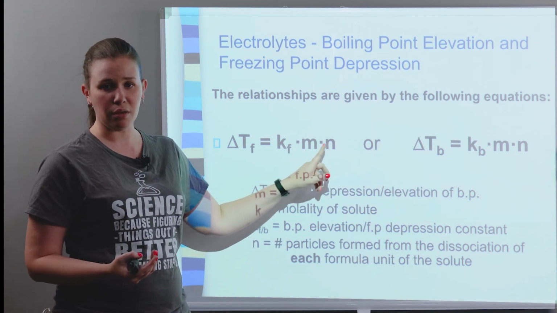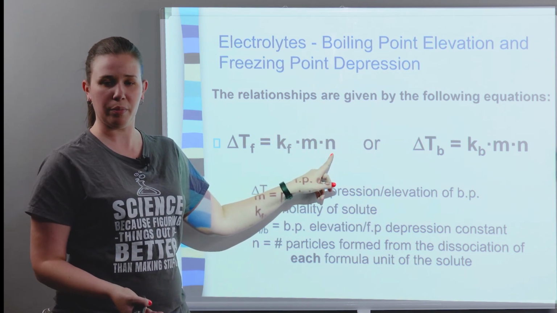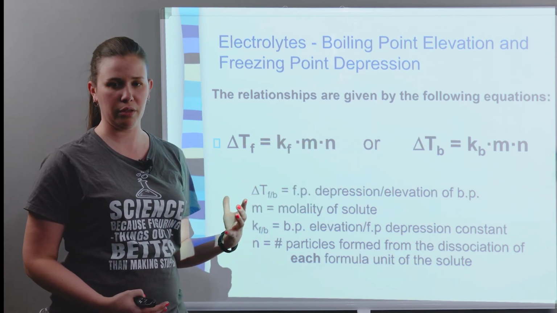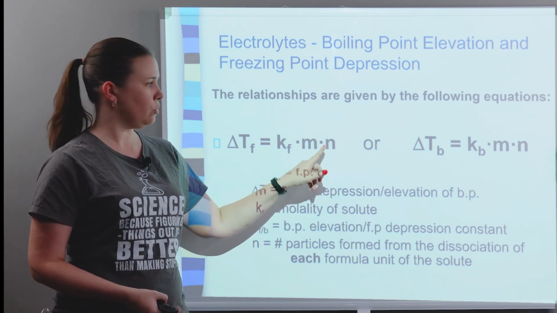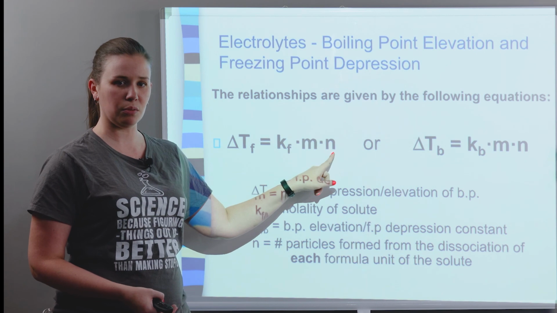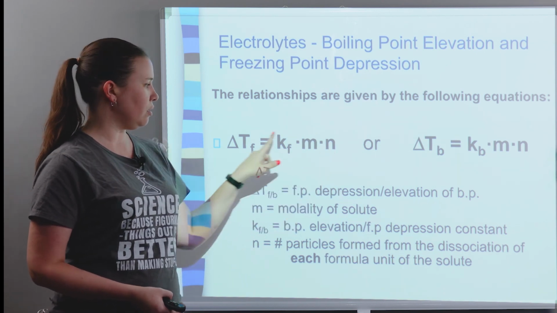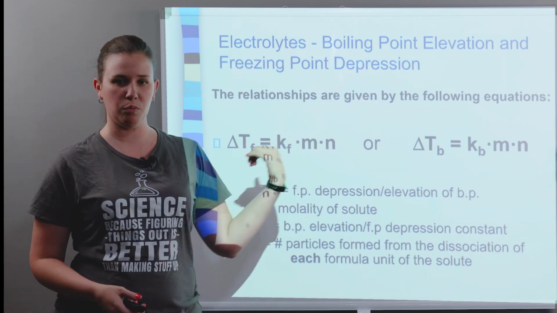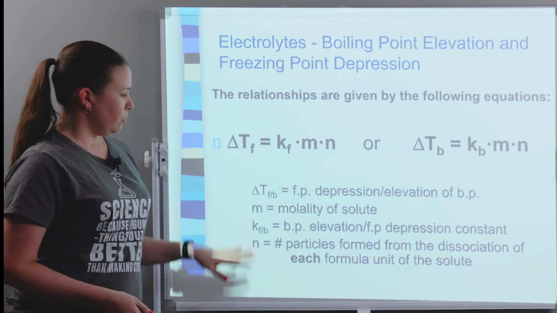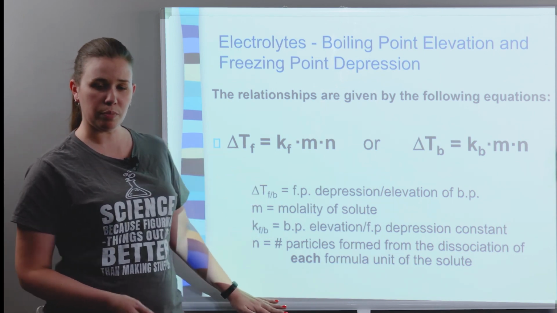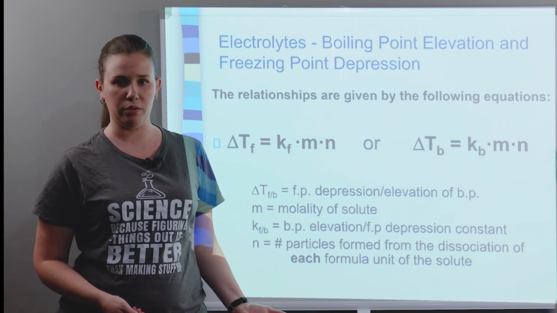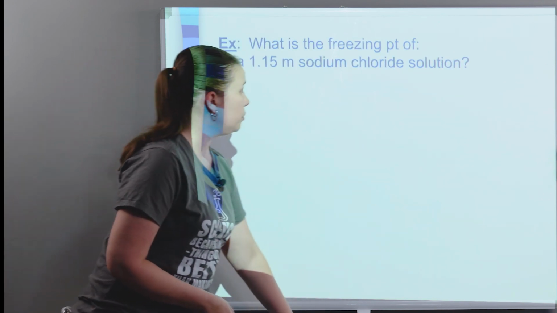You could consider N just to be 1 for molecular compounds and just always use this version of the formula. Same effect. But if we're breaking into multiple particles, we are going to have a greater effect here. We're going to increase the effect on our change in temperature, whether that's boiling or freezing. So delta T, M, and KF all still mean the same thing, and now we have a multiplier of the number of particles.